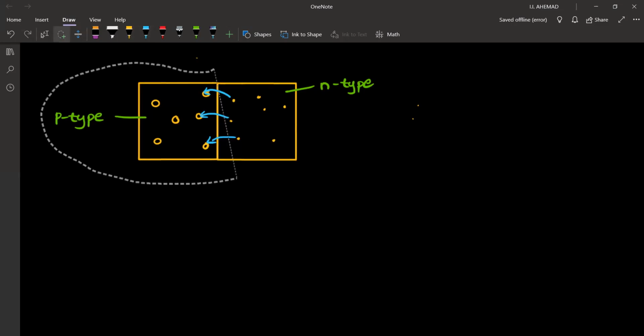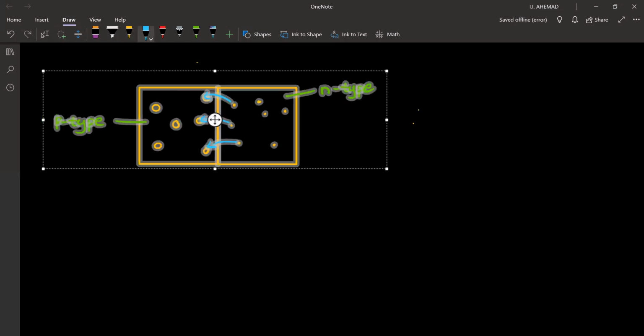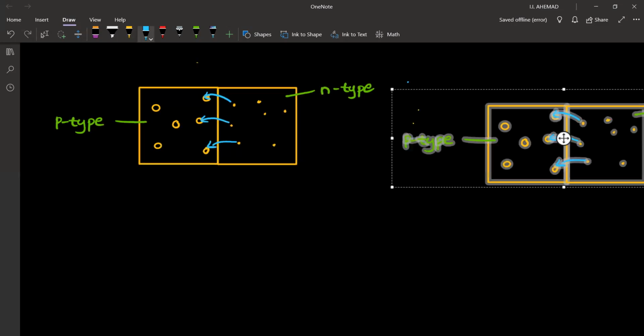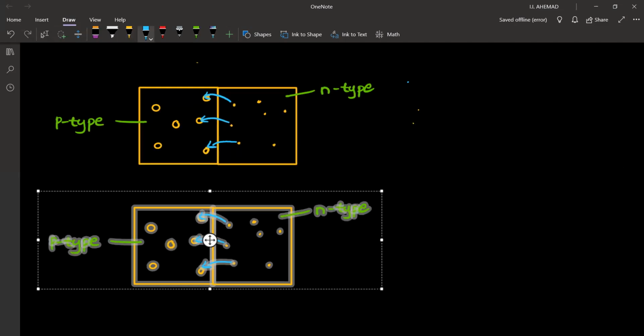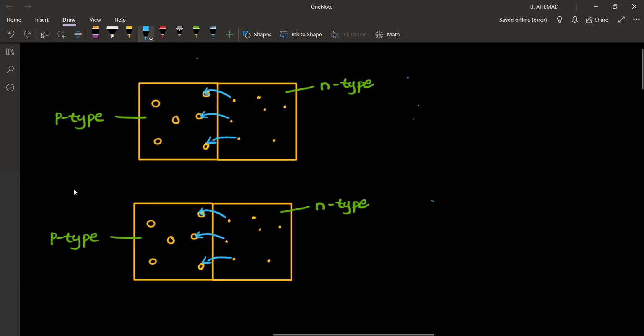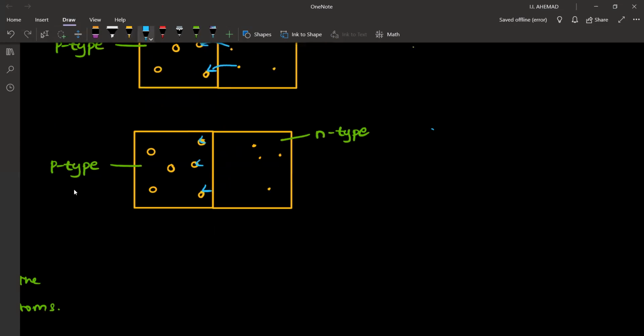Already this p-type and n-type were electrically neutral. But this time when the electrons start to flow to the other side, this side now becomes electrically positive.